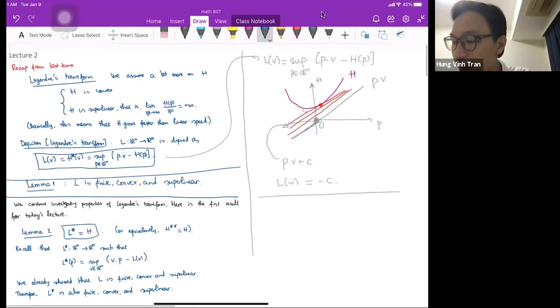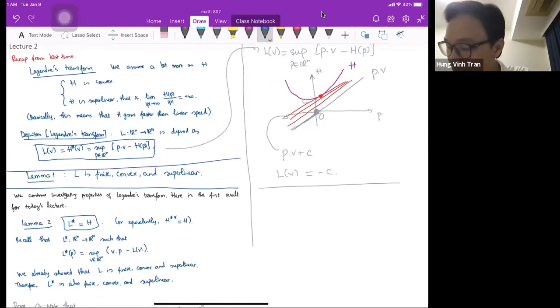The first lemma we did last time, which I record here, is that under the Legendre transform, the properties of being finite, convex, and superlinear, all three together, are preserved.